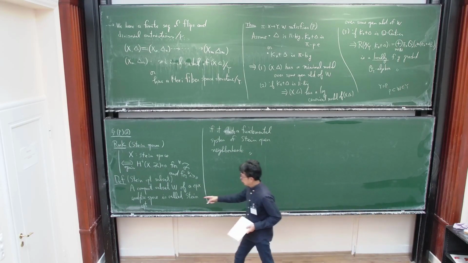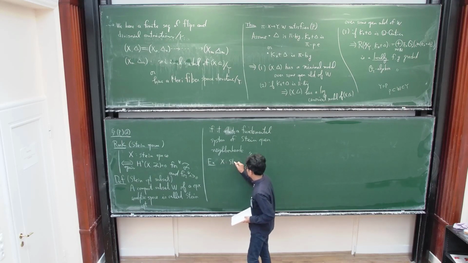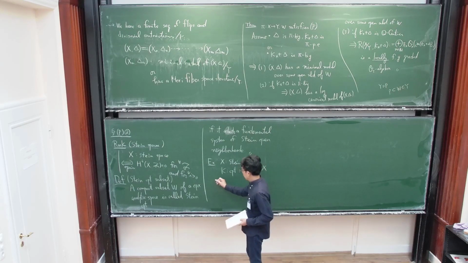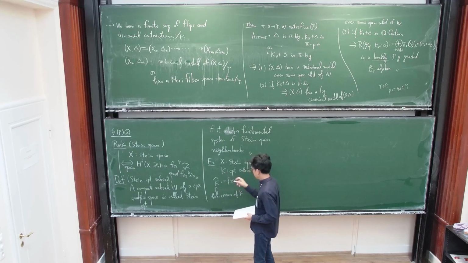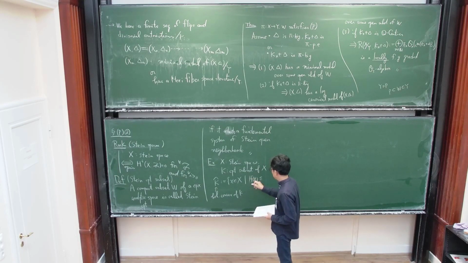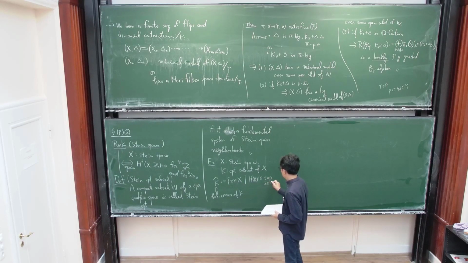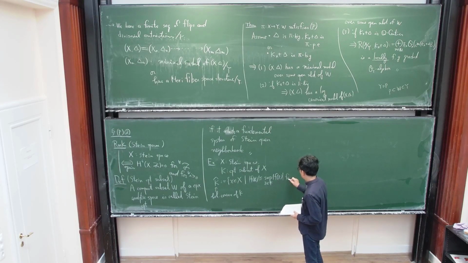And we can find many Stein compact subsets. For example, X is a Stein space, and K is a compact subset of X, and K hat is the holomorphically convex hull of K. This is by definition the set of x in X such that |f(x)| is bounded by the sup of |f| on K, for any holomorphic function f.